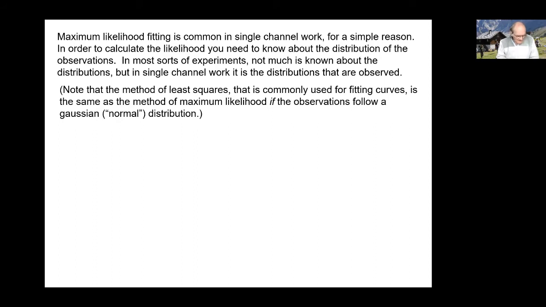Of course, to calculate the likelihood, you have to know the distribution of your data. It's rather rare to know that, so people just assume it's Gaussian in a rather cavalier sort of way. But in the case of single channel records, the data are distributions, so it's an ideal method to use.